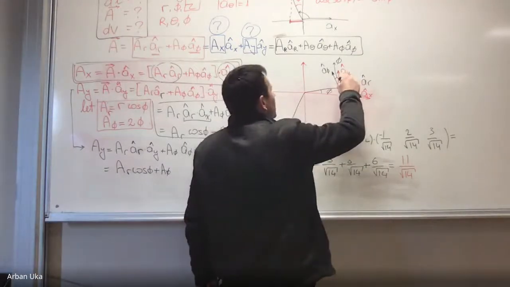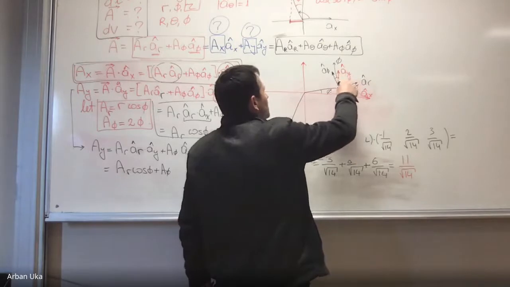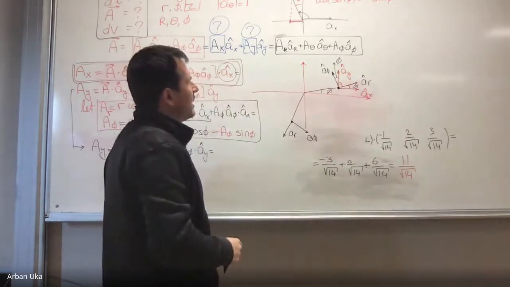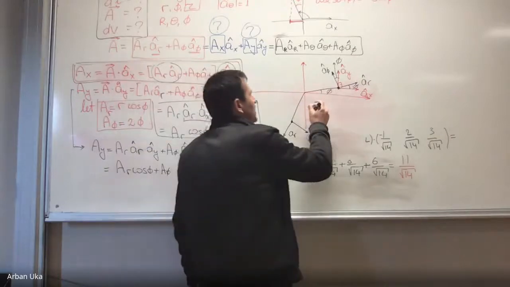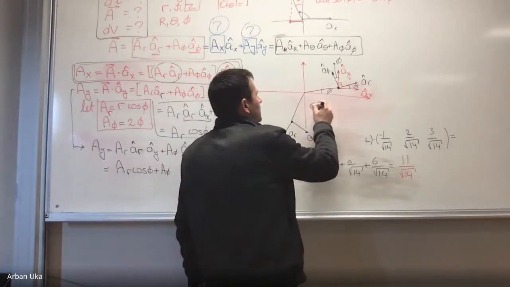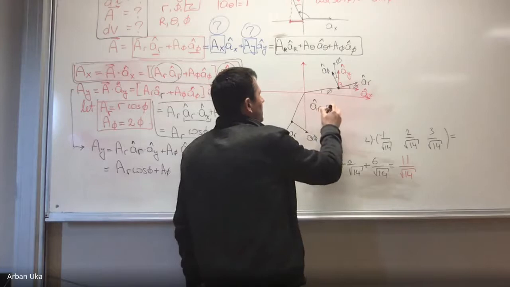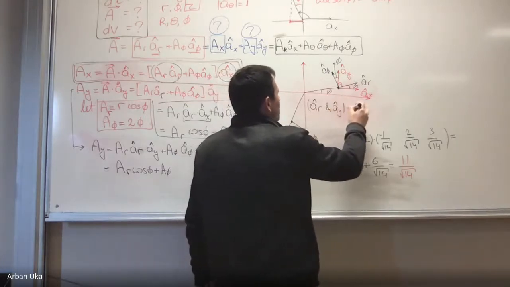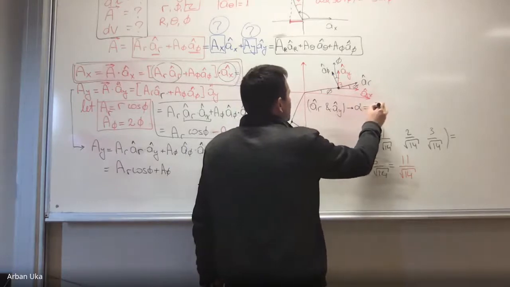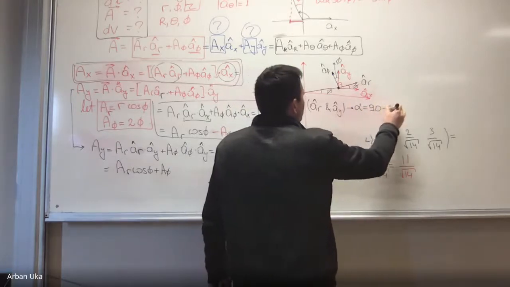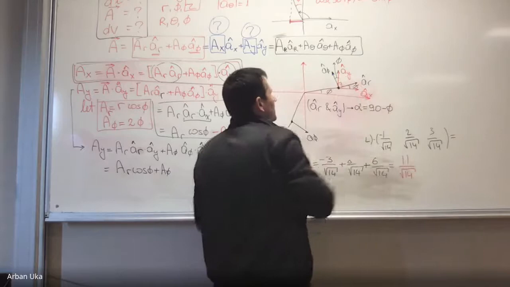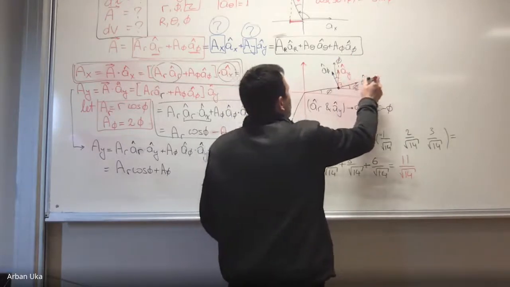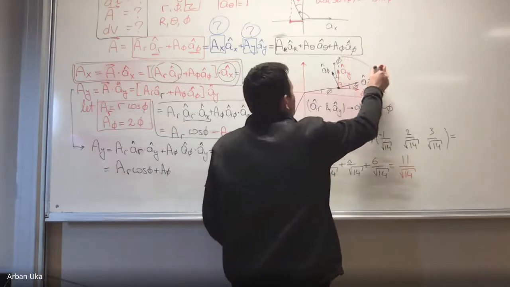The angle between AR and the AY, we can see this, it's right here. It is equal to an angle alpha. So we're talking about AR and AY. Between them, there is an angle alpha, which is equal to 90 minus phi. Okay, so it is this angle here.